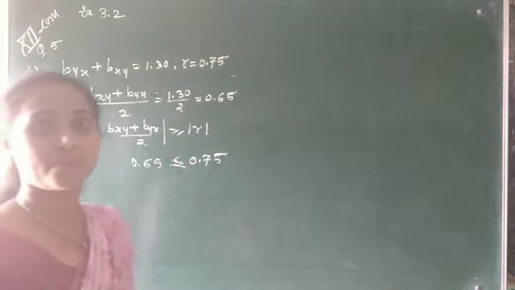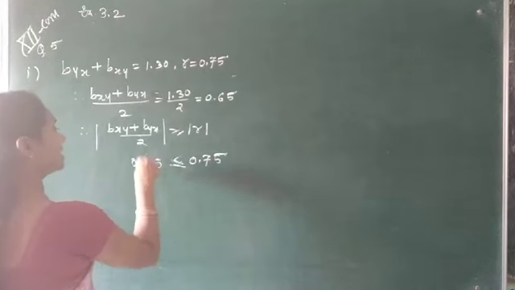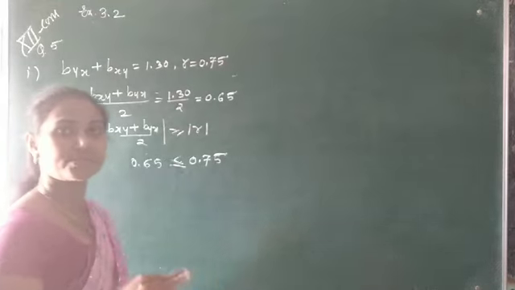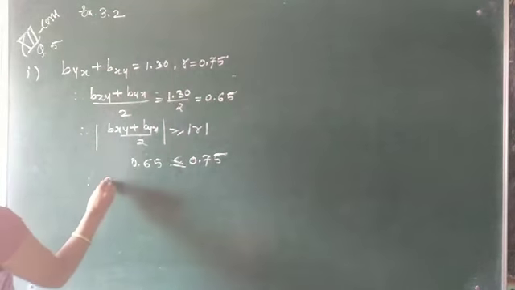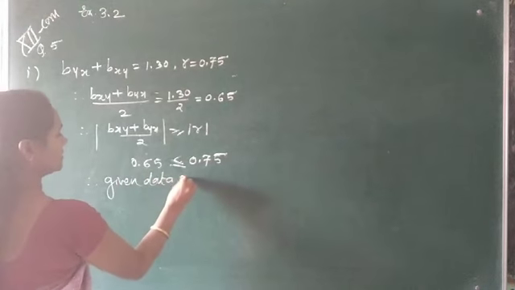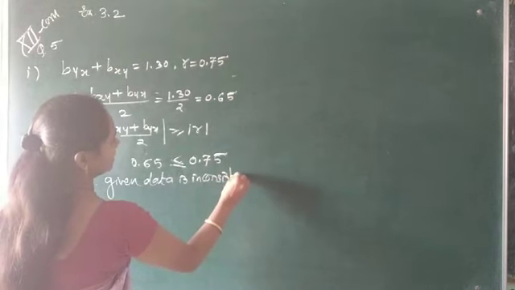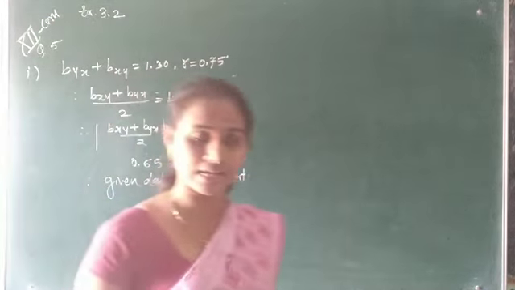The data is consistent if this condition is satisfied, but here the value 0.65 is less than the given value of r, 0.75. Therefore the given data is inconsistent. If this value is greater than the value of r, then we write that the given data is consistent.